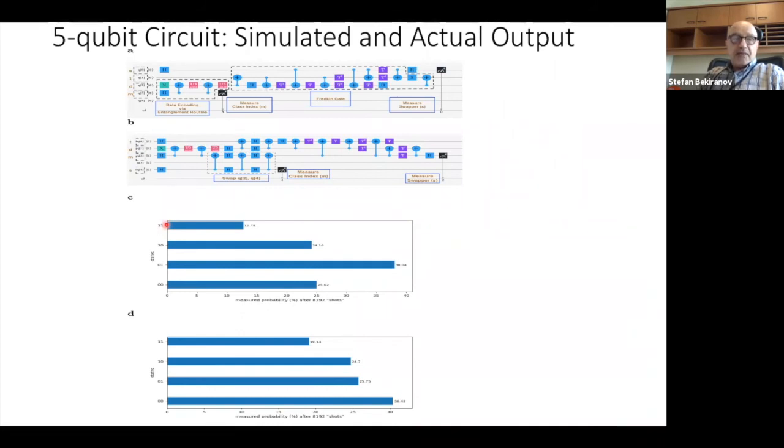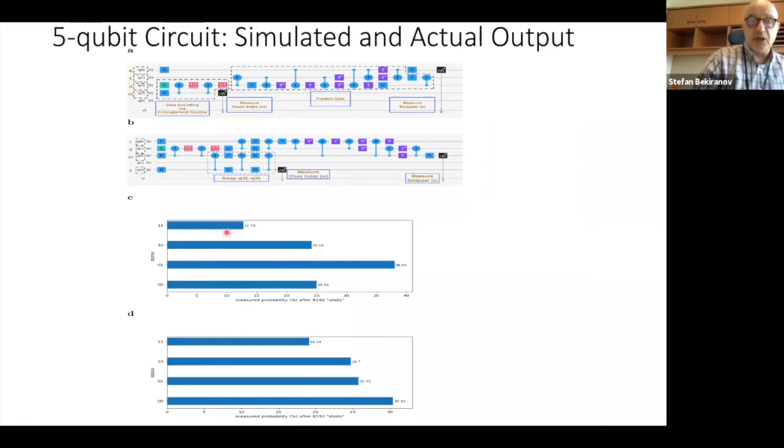If you look, this is the simulation. This is the actual quantum computer, and it's not quite right, but it's actually not bad. I'll show you a sweep over a whole range of values to show you that it isn't too bad for a 5 qubit. This is now the actual quantum computer for the swapper 1 and the normal or control class qubit measurement, and then for the swapper qubit 1 and the disease or 0 class label measurement.